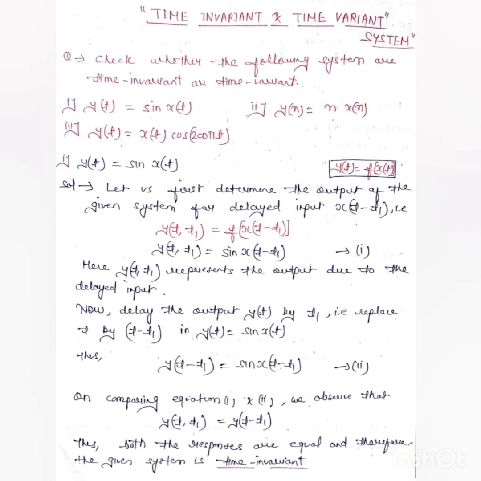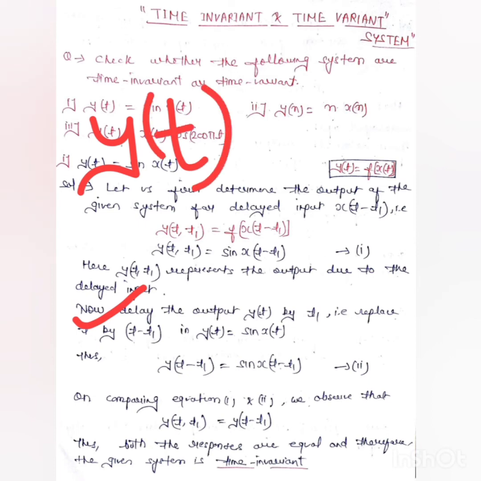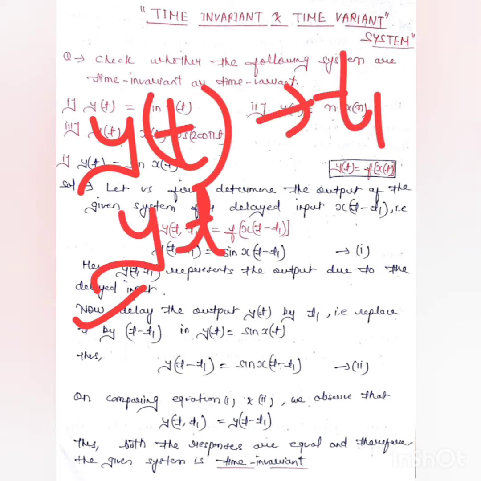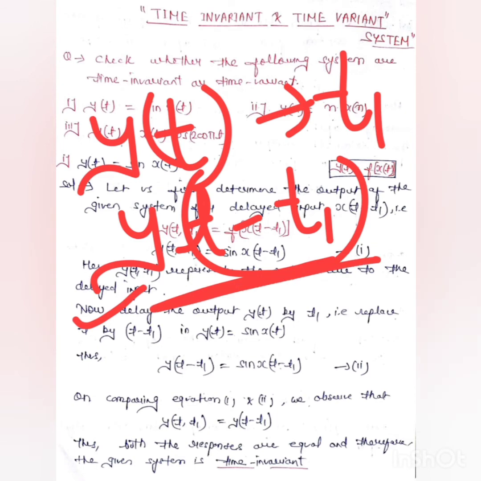Now what we have to do, we have to delay our output expression, which is output y(t) by t1. Now in second case we have to delay our output by t1. So in this case we have to write y of t comma t minus t1, because here in second case we have to delay our output by t1.